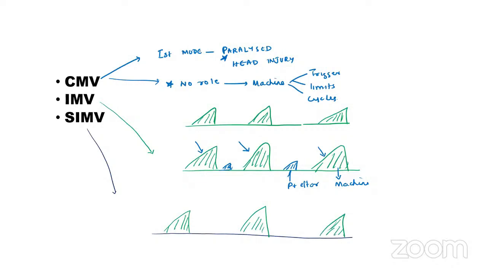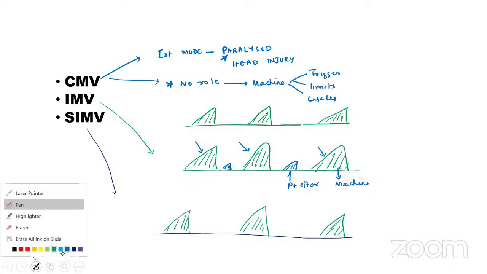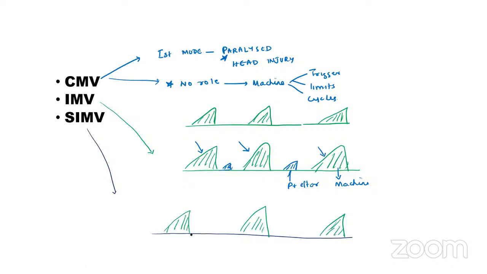Along with that, the small patient breaths will be augmented by the machine. So this is most physiological. This is called SIMV, synchronized intermittent mandatory ventilation.